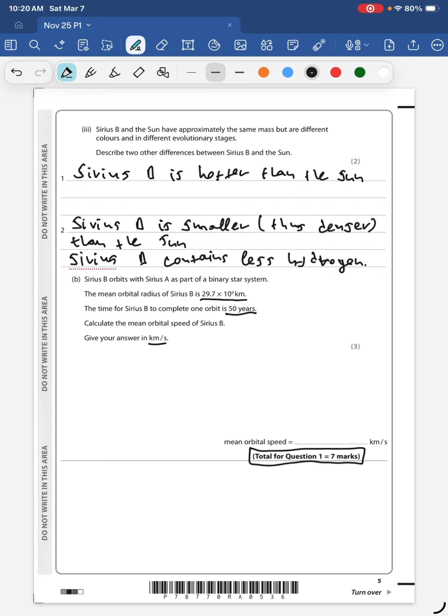So let's do this. V is 2 pi r over the period. I don't know, write in the comments, but I never taught students as young as year 11. I only taught down to year 12. That's my threshold.